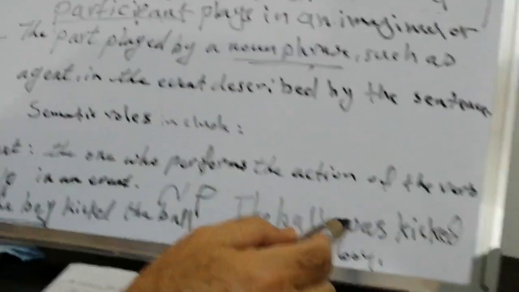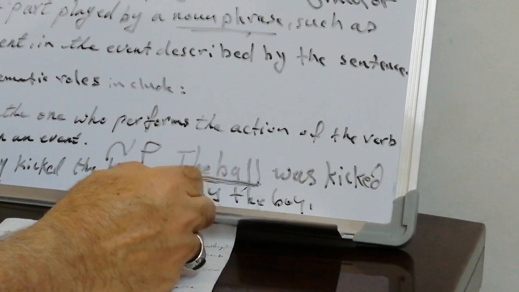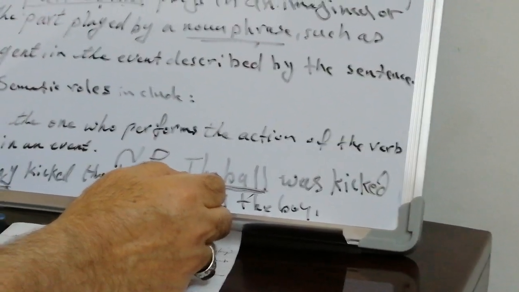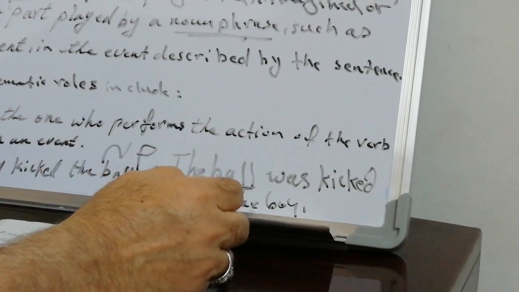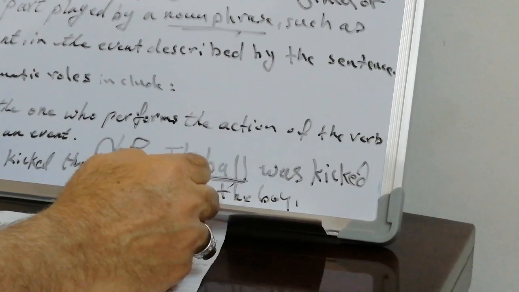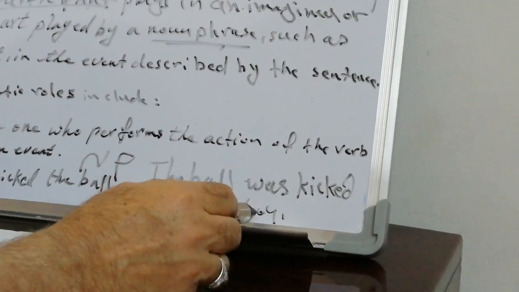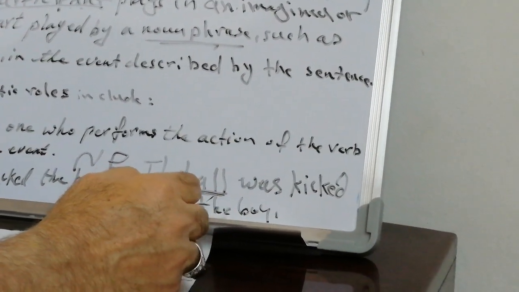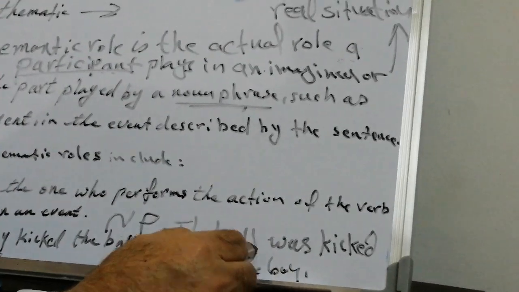Now in this sentence, although the word ball has come to the subject position, it is not the doer of the action. Who is the doer of the action? The boy is the doer of the action. Although the boy is not in the subject position but at the end of the sentence, in a by phrase, it is still the doer of the action.